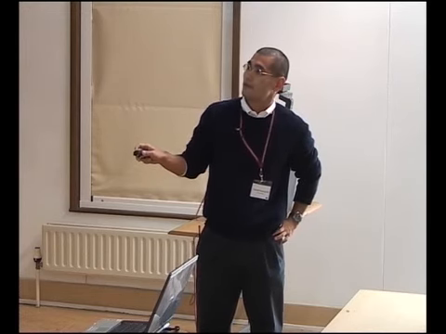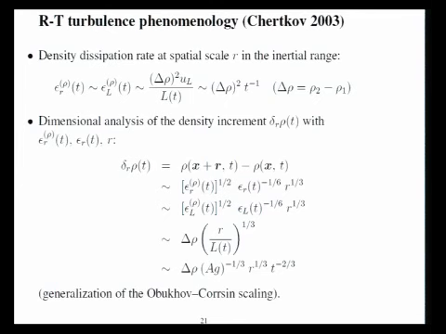The same thing can be applied to the density difference. We need the density dissipation rate. Let me start from here: the density input rate at scale L can be defined in this way, where delta_L is the density difference.